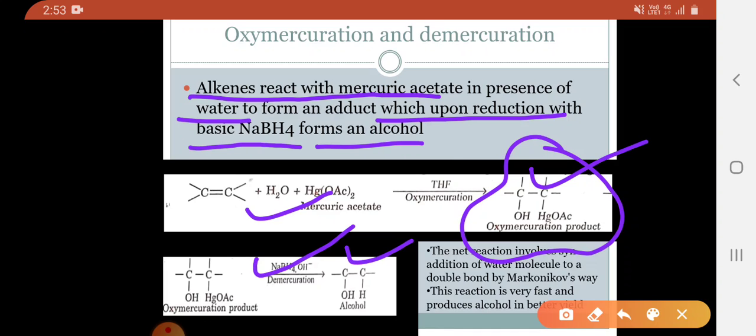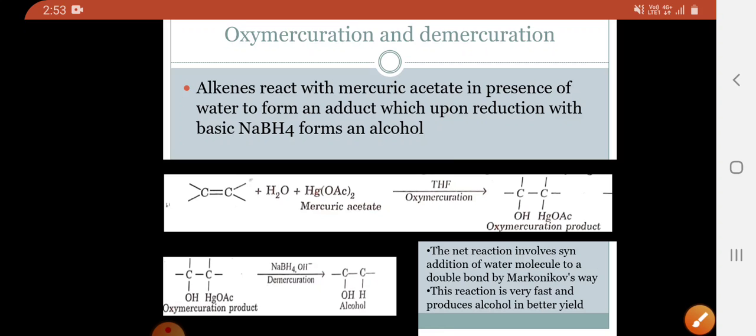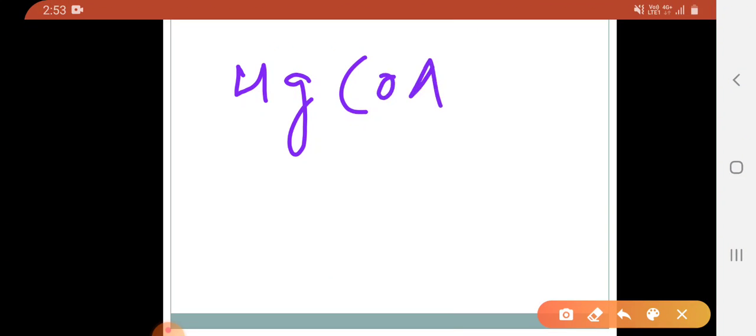Now let's deal with this reaction in a bit more detail, and let me remind you that the solvent here is THF, tetrahydrofuran. This is Hg(OAc)2. Hg is 2 positive over here and OAc is negatively charged, and obviously we require 2 OAc to balance the Hg positive charge.